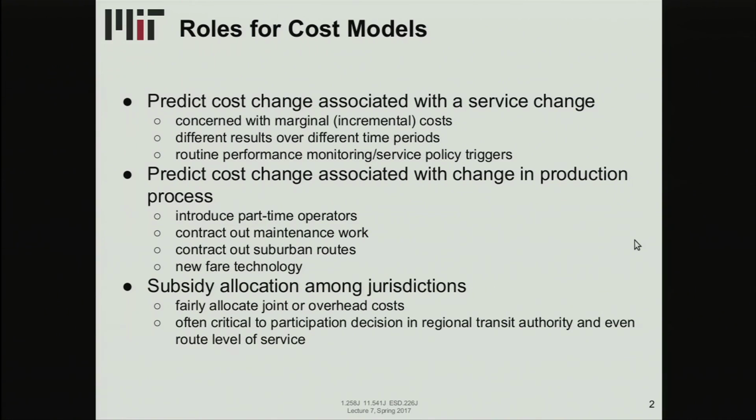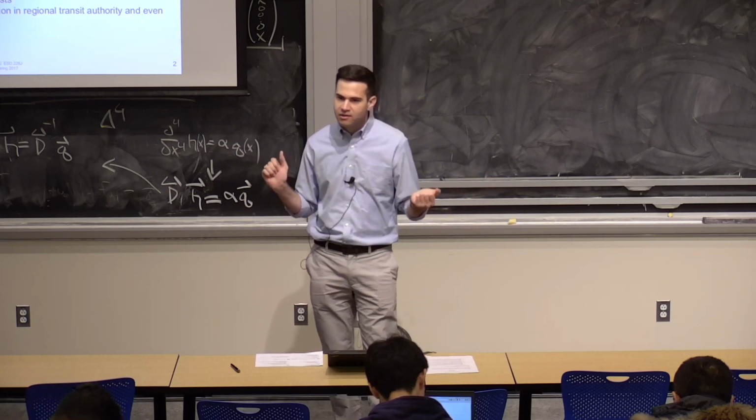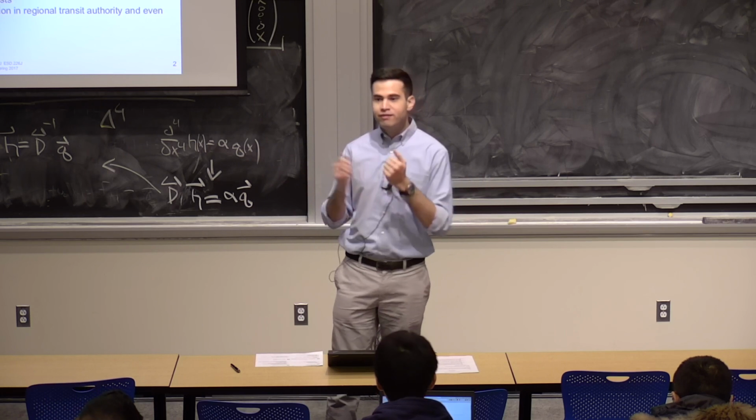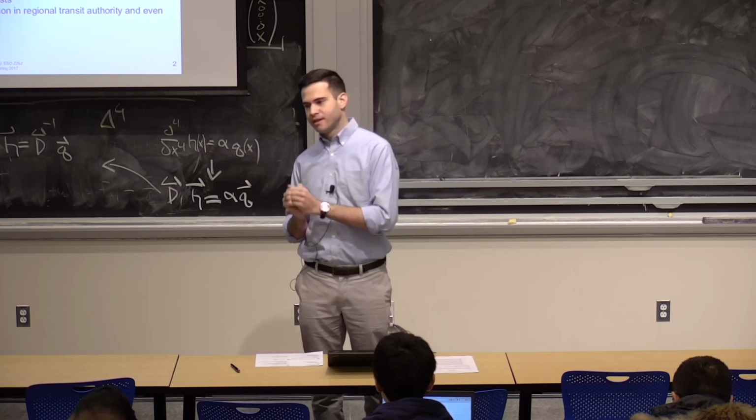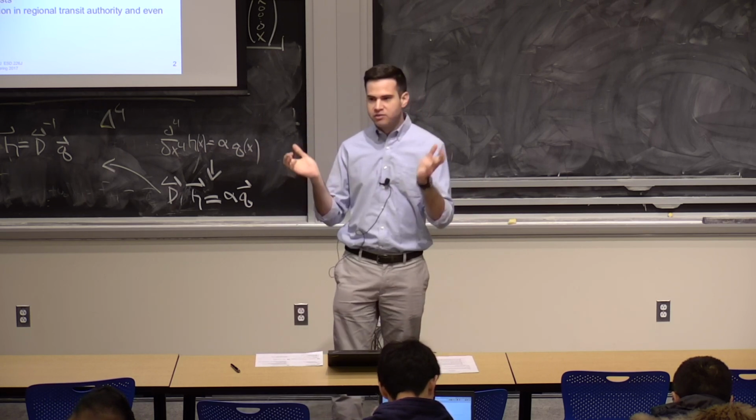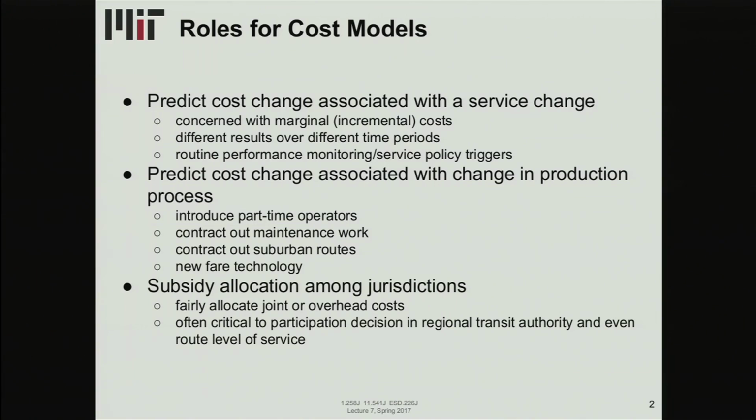The second point here is that you can predict the cost change associated with a change in a production process. Now we're not talking so much about service, but what happens if I'm in a labor agreement that does not allow part-timers, and now I've negotiated the ability to hire part-timers? What will that do to the cost structure? What if I want to contract out maintenance work?